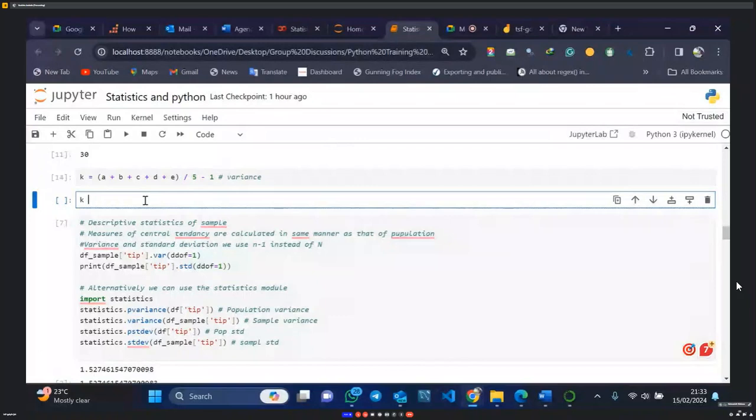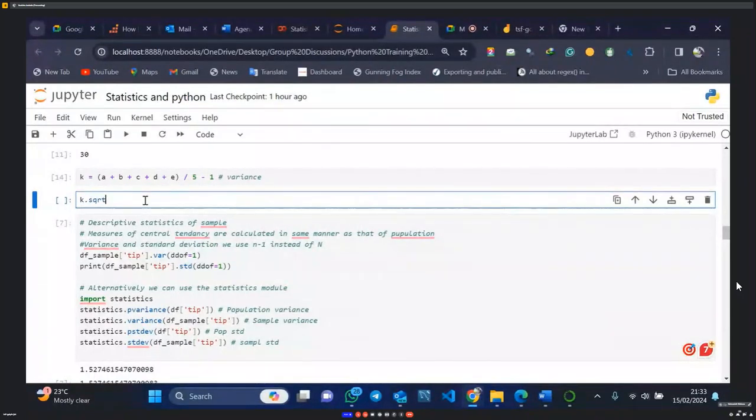How can I do the square root in Python? SQR, I think. So it's k.sqr or sqr dot something. I'm not sure about the syntax for square root. Let us try sqrt.